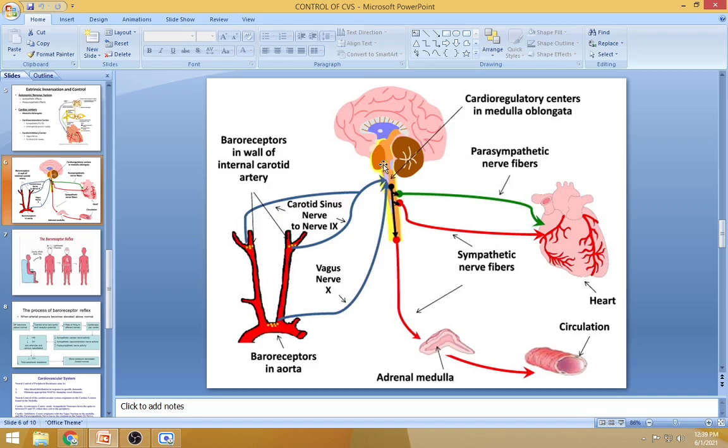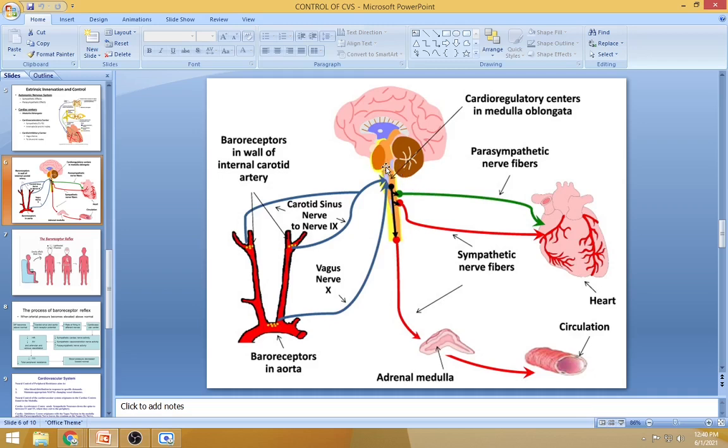And what is going to happen here is that the impulse coming from the baroreceptors, discharging at high frequency, would depress the cardio excitatory center and allow the cardio inhibitory center to inhibit the cardio excitatory center as well, and allow the vagal tone to take the upper hand.